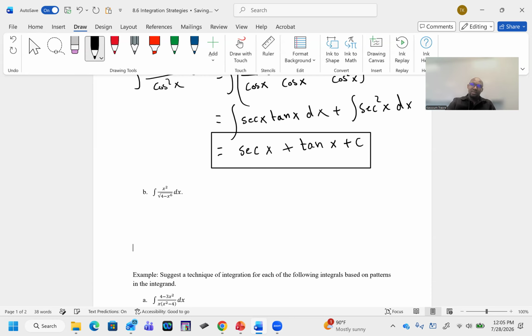And also, if I'm asked to evaluate the integral of x squared divided by the square root of 4 minus x to the power of 6, in this case I have to think about substitution, because what I have in my denominator is like a square minus u square, basically.